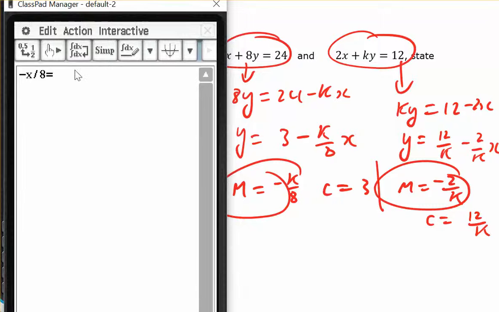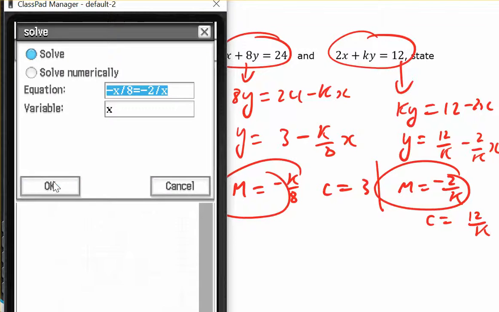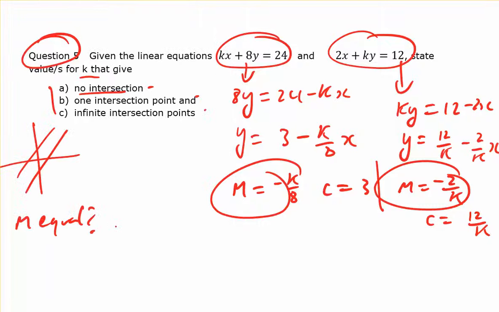So I'm going to go negative k over 8 equals negative 2 divided by x, interactive, advanced, solve. So k equals 4 or negative 4.